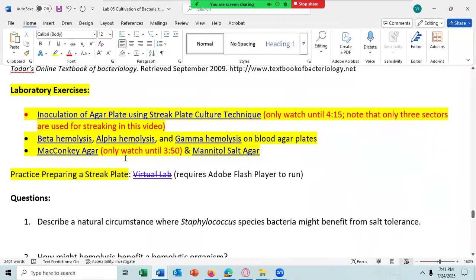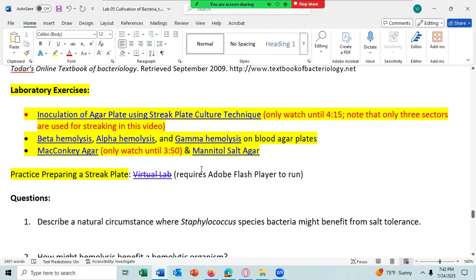And then we have a little video showing you beta hemolysis, alpha hemolysis, and gamma hemolysis. So watch those. And then watch a little movie on growing bacteria on MacConkey's agar. For this movie, you only need to watch it for 3 minutes and 50 seconds, and then you don't need to watch it any further.